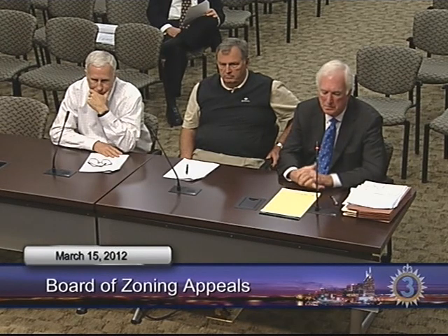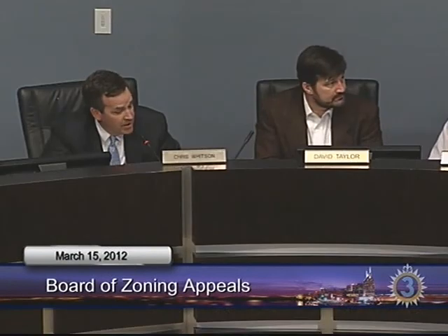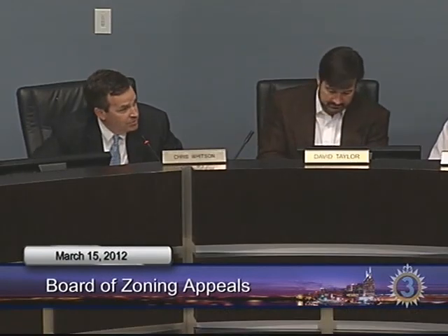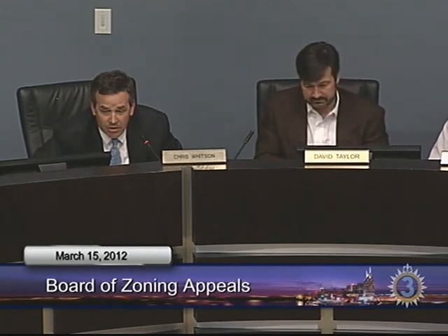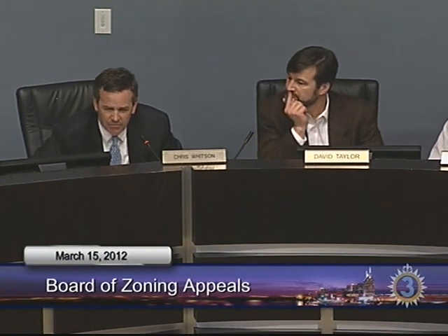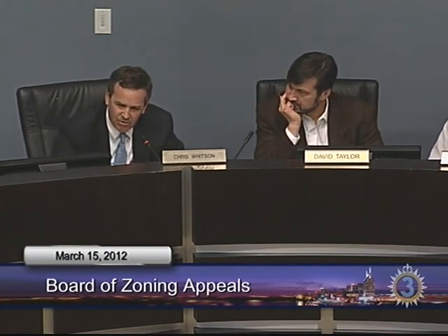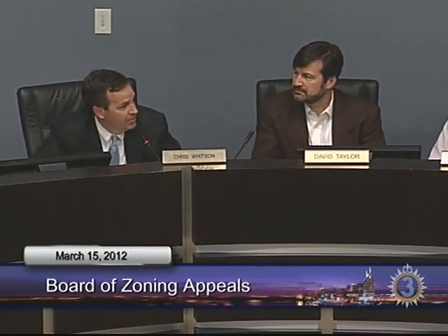Okay, then I'm going to close the public hearing. Discussion? Well, I'd like to make a motion that we approve the request for a variance based on the 3 hardships, which are 1, the narrowness of the lot, 2, the oddity of the lot that it's so long, and what we're referring to as the rear is actually truthfully in all practical purposes the side, and then they're landlocked by CSX on three sides, so they really don't have a remedy.